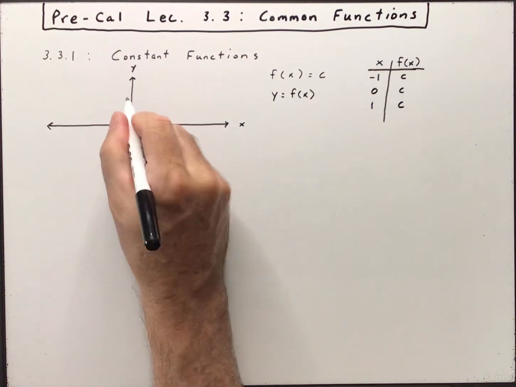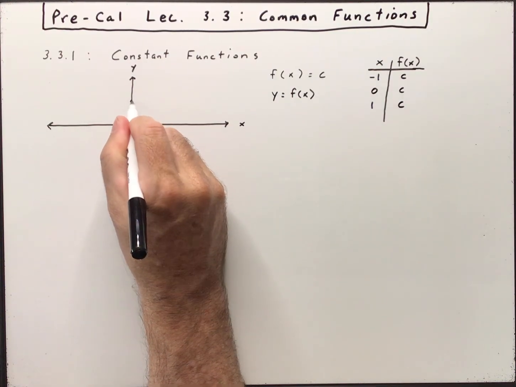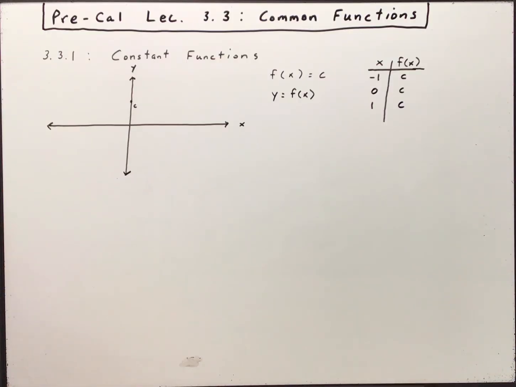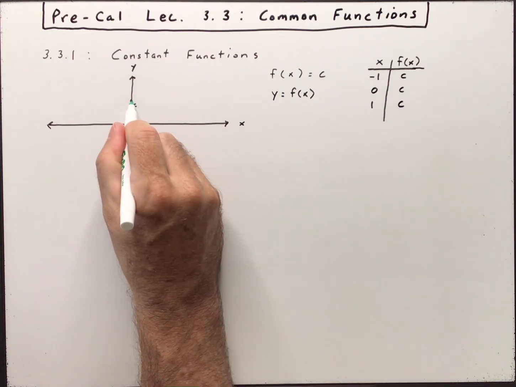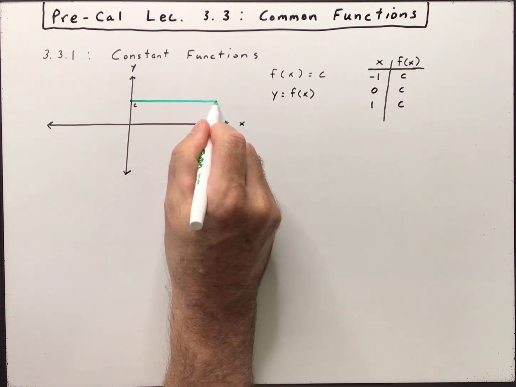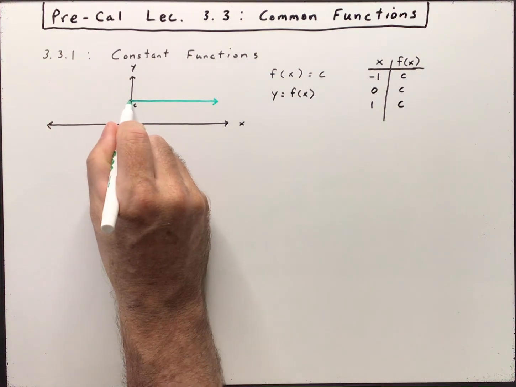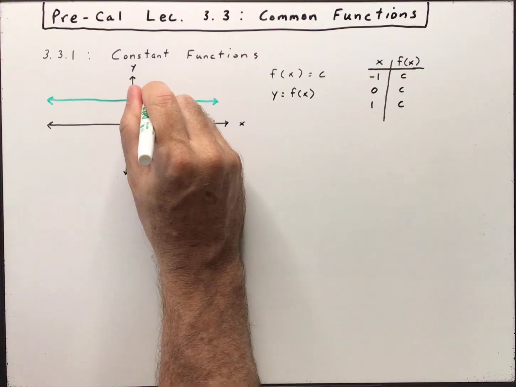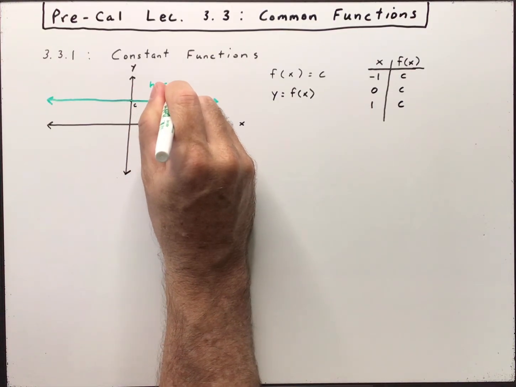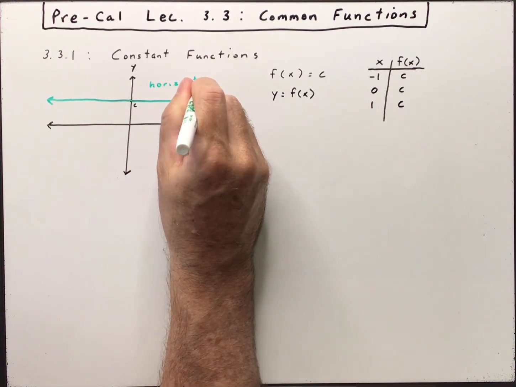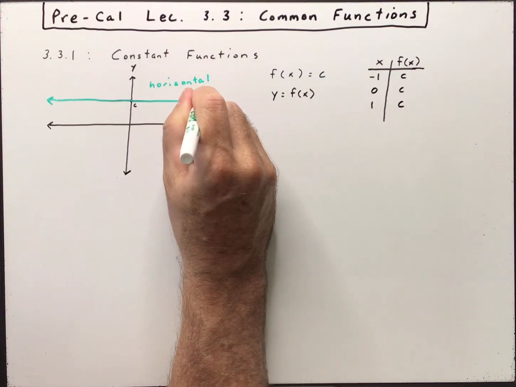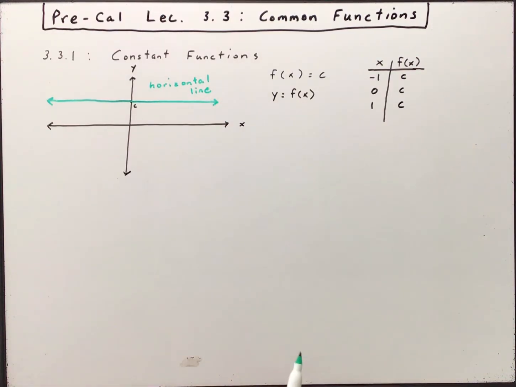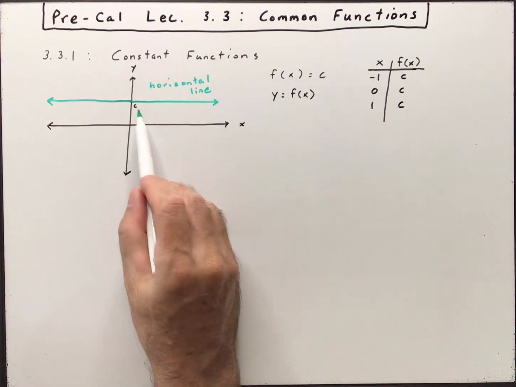Okay, so if we have a point c on the y-axis, it could be 5, 2, whatever, then the graph of this function is just going to be a horizontal line. All right, so that's f of x equals c.